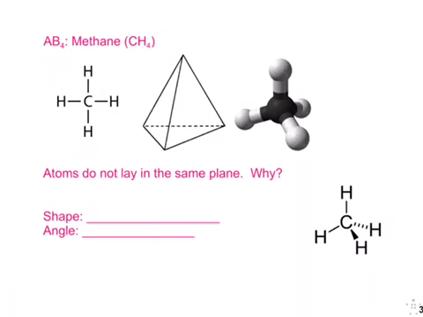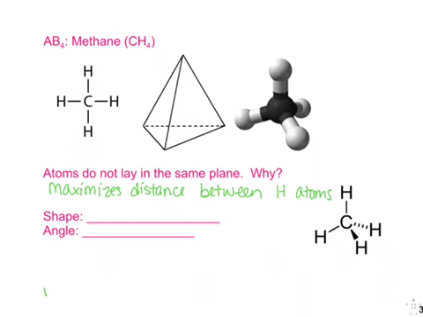AB4, like methane, the atoms will not lay on the same plane, and one atom will shoot up or down, and this maximizes the distance between all four of the hydrogen atoms.